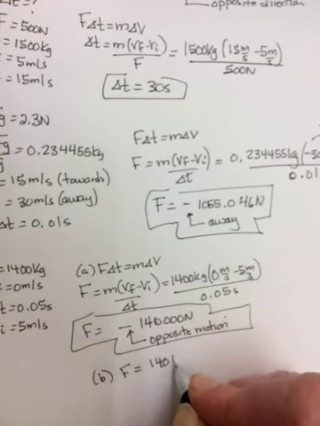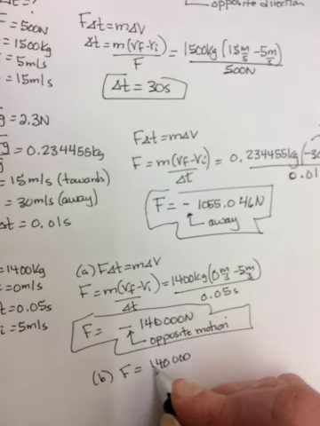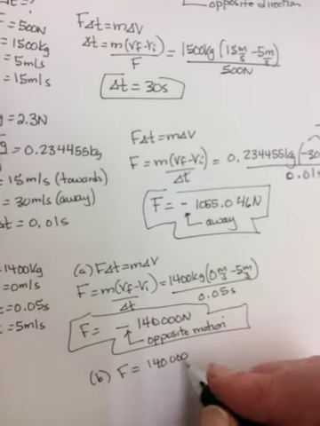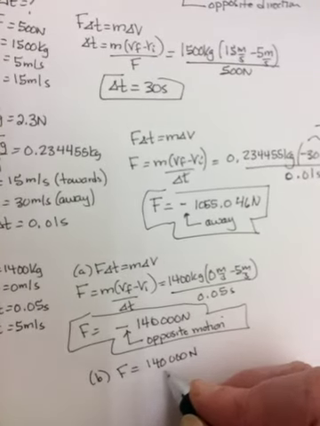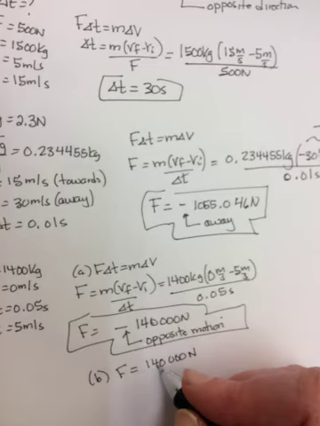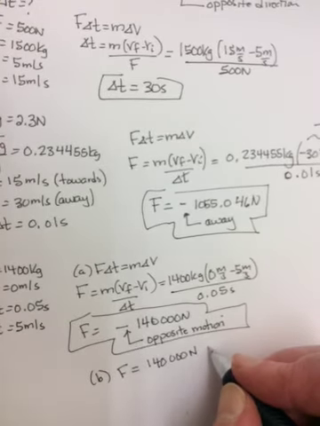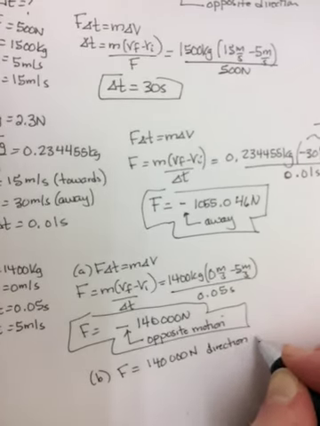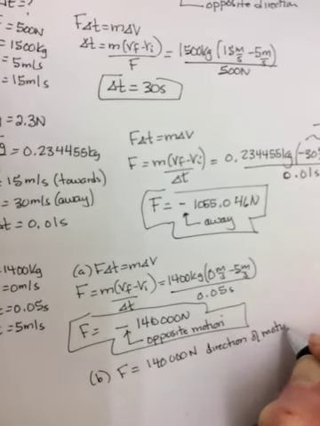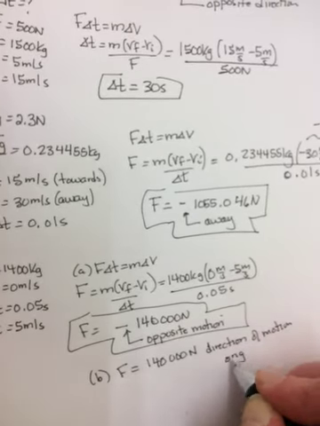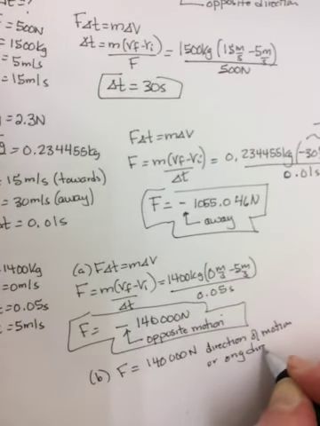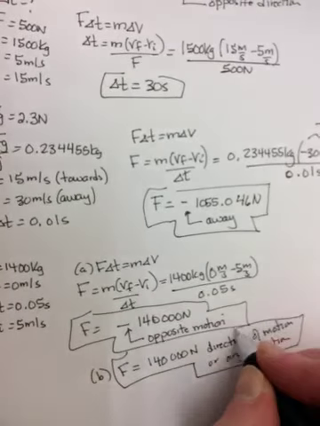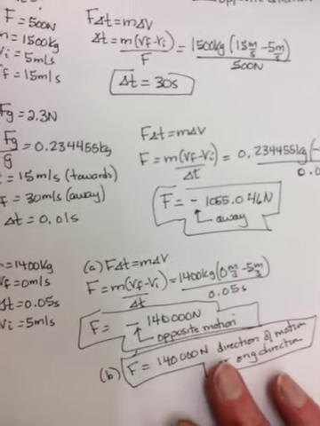So 140,000, believe what I'm writing, not what I'm saying. 140,000 newtons, and this time it'll be in the direction of motion because it has to be equal and opposite, or original direction. Because Newton's third law says that if the wall puts a force on the car, the car has to put an equal and opposite force back.